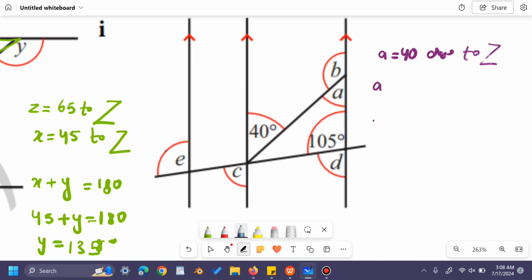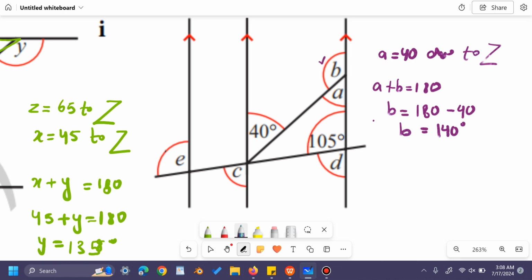We know that A plus B is equal to 180 degrees and B is going to be 180 minus 40, and 180 minus 40 is going to be 140 degrees. So B is 140 degrees. Now we know B as well.